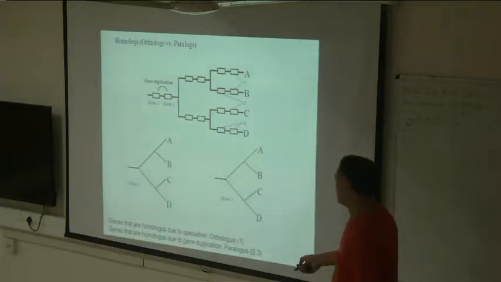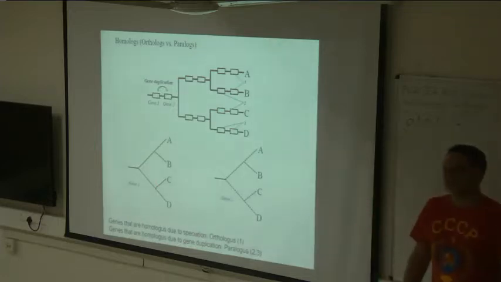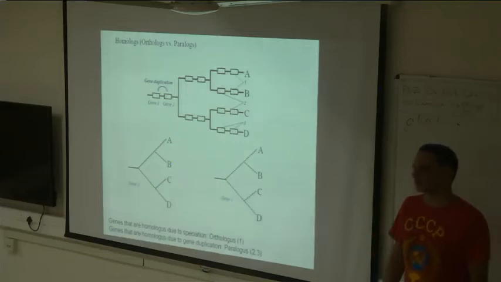Right? So genes that are homologous due to speciation are called orthologs. And genes that are homologs due to a gene duplication event are called paralogs. Does that make sense?